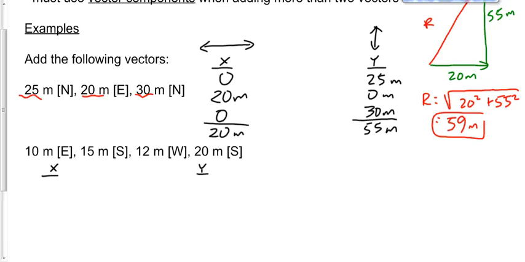Sometimes it's a grade 11 thing, but not in this case. And because there's more than 2 vectors, we got to break it into components, x and y, so that we can get ultimately our goal, which is a right angle triangle. So let's do that. How much of this 10 meters to the east is on the x-axis?